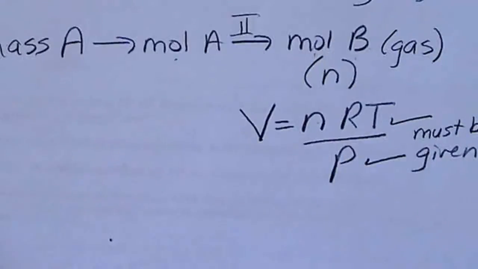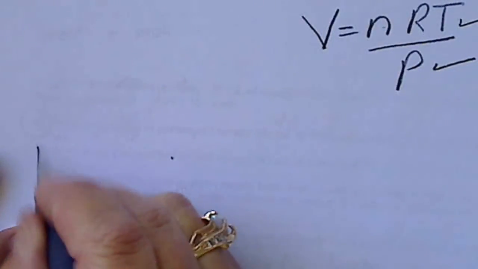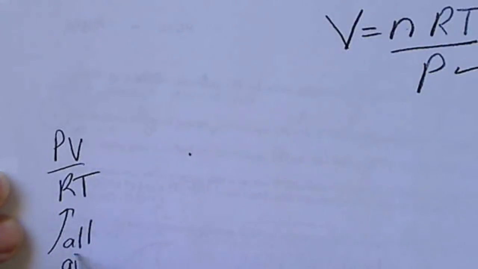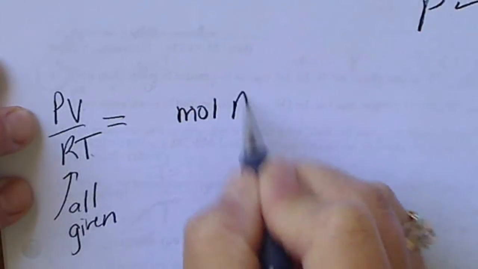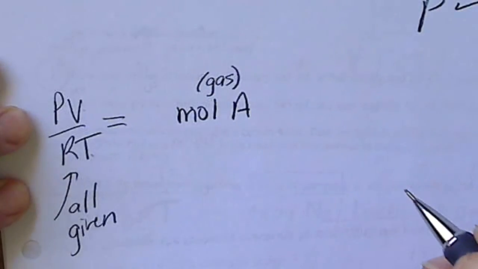The other shortcut that we would do, the only other case we're going to have, is going from a gas. So we would solve for N, PV over RT. These would all be given. So if we know the pressure and the volume and the temperature, then we could solve for moles of A. In this case, A is going to be the gas.